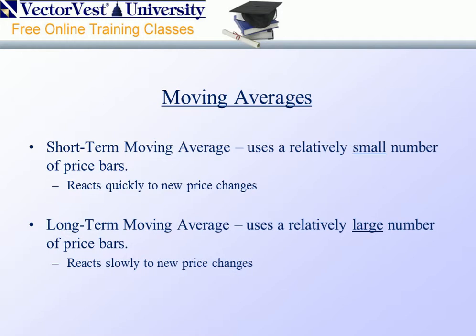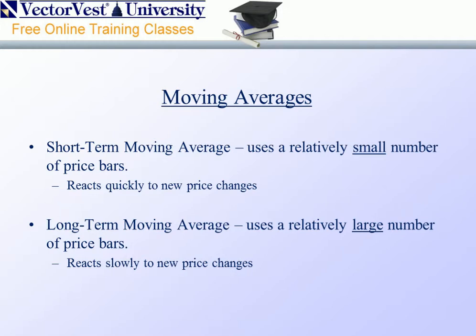Longer-term moving averages use a relatively large number of price bars, for example 30, 50, 200, and react slowly to new price changes. And in most cases, you're looking for the short-term moving average to be crossing through the longer-term moving average as an indication of directional change and momentum in that direction.